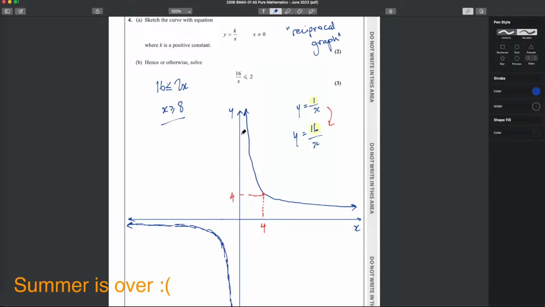Or did I get this wrong? So for example, y equals 1 on x, you have a point at 1, 1. So I believe it would be here. 1 on x would be in between the x and y axis. Oh, does it? Am I getting that wrong?